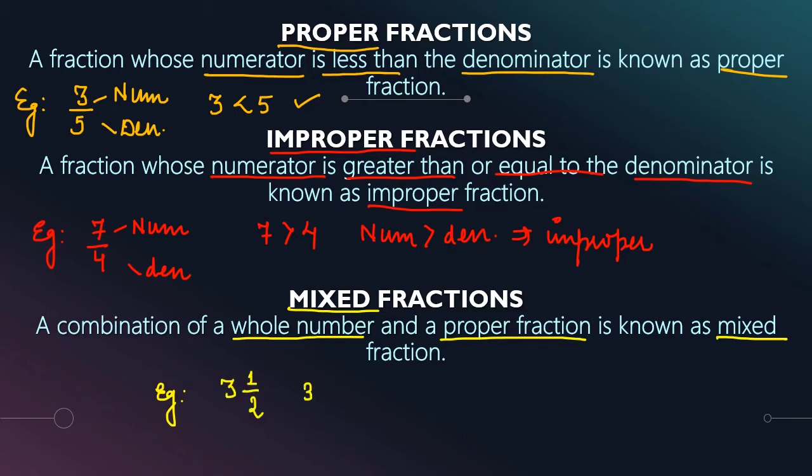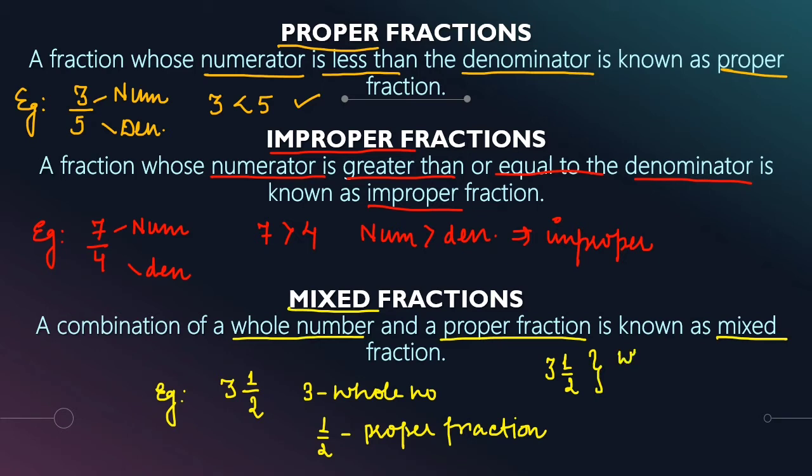You can see here 3 is a whole number and 1 by 2 is a proper fraction. So, 3 whole 1 by 2 is a combination of whole number and a proper fraction. That's why this type of fraction is mixed fraction.